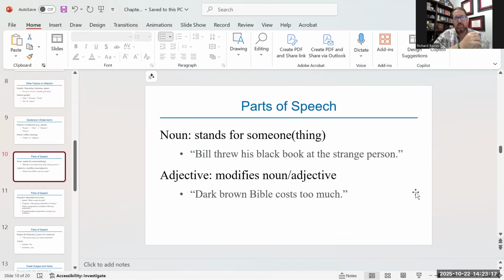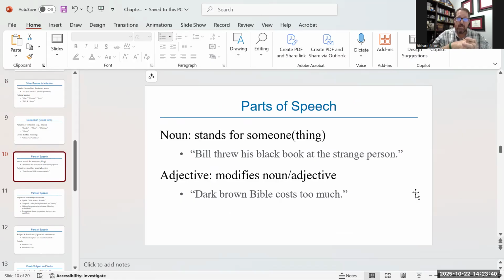The parts of speech, we're talking about nouns and adjectives. Nouns stand for something. When I was in school, we learned that nouns were persons, places, or things. That's kind of how we learned it in the first grade in public school in South Georgia, which probably means there's a better way to define it, but that's how I've always defined it. A noun is a person, place, or thing.